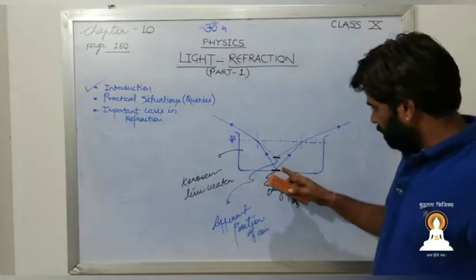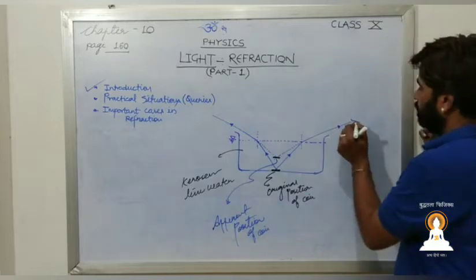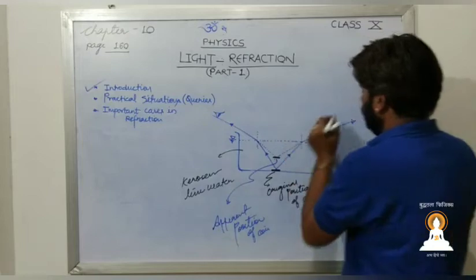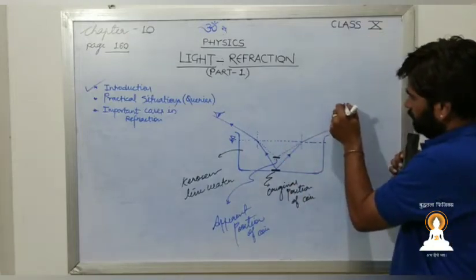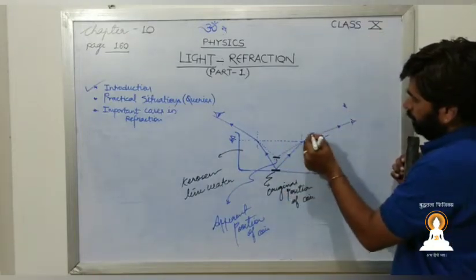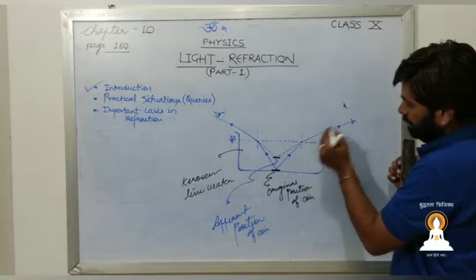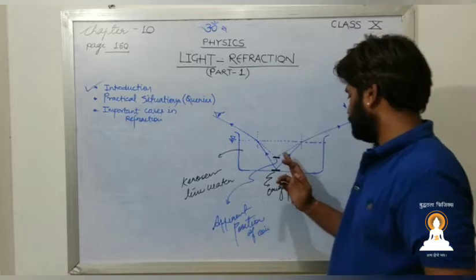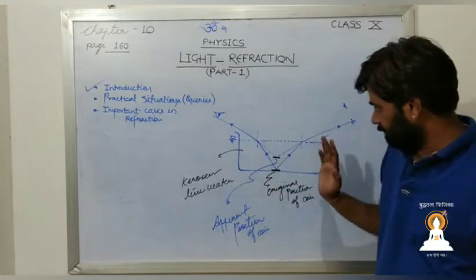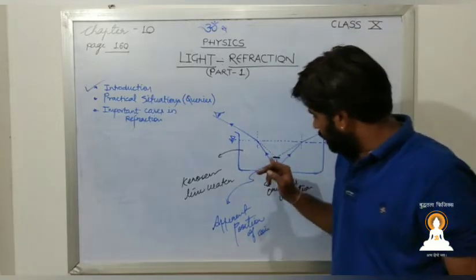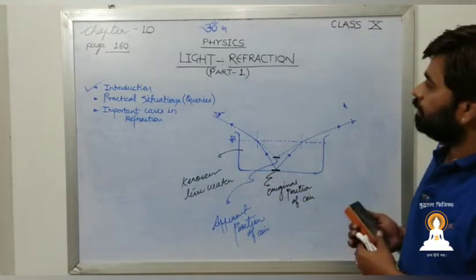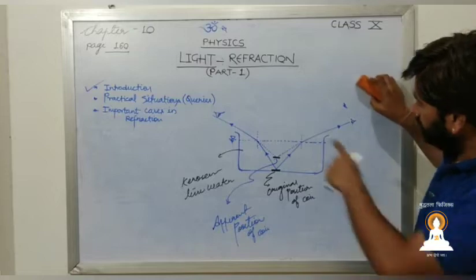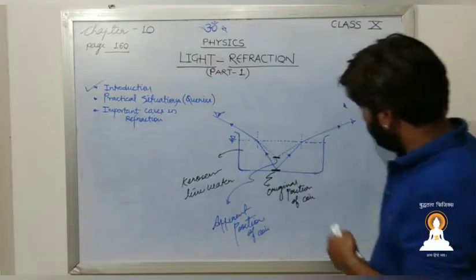So you may make this diagram: one observer is here, another similar observer is here, or one more observer here. Then we will have a different point of incidence, and according to that the apparent position of this coin will be here. So this is one case. You have to draw this diagram so that you can better understand what is going on here.